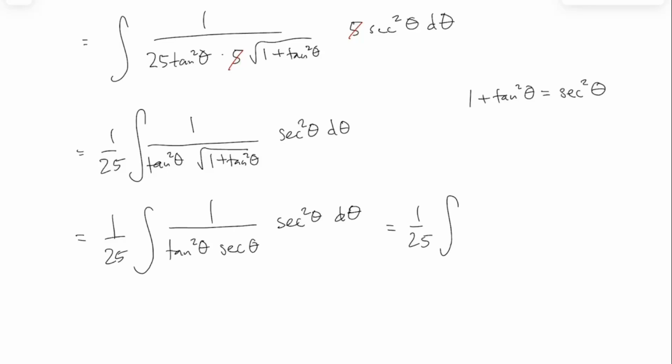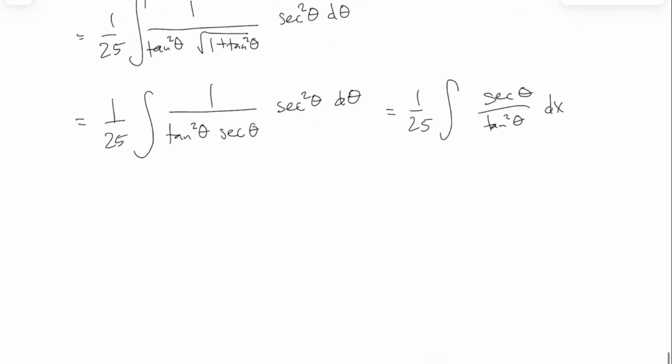This tan on the bottom, well, first of all, secant theta over tan squared theta, right? Cancel one of the secants, and this is what you end up with. Secant squared is 1 over cosine. Tan is sine over cosine.